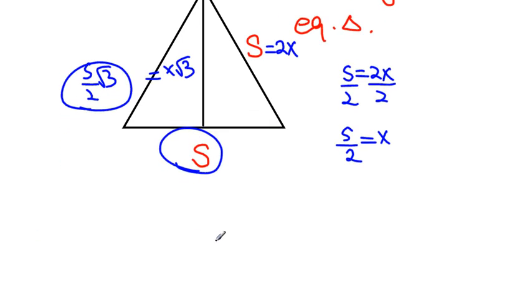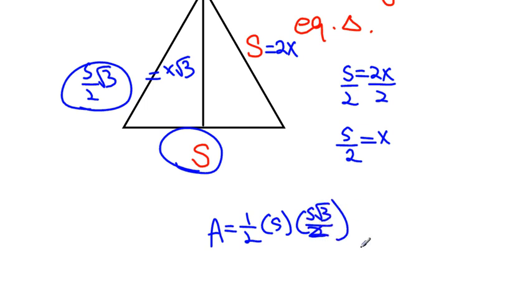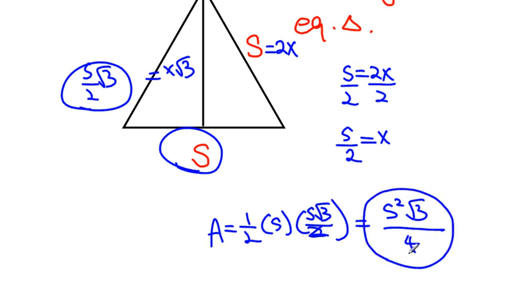Now area will become 1/2 base, which will be s, times the height, which is s square root of 3 over 2. When you combine them together, you will realize that we have s squared radical 3 on top, divided by 2 times 2 becomes 4. So that becomes the area of an equilateral triangle. I strongly recommend you guys to memorize this one.